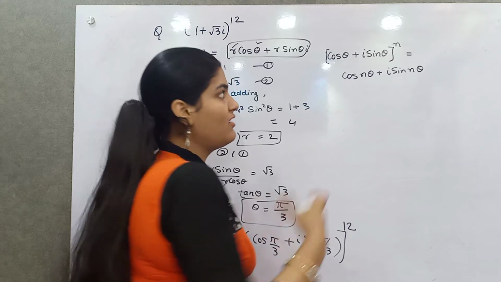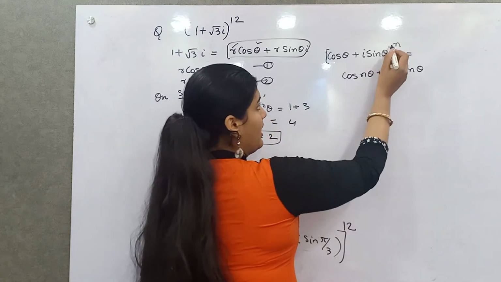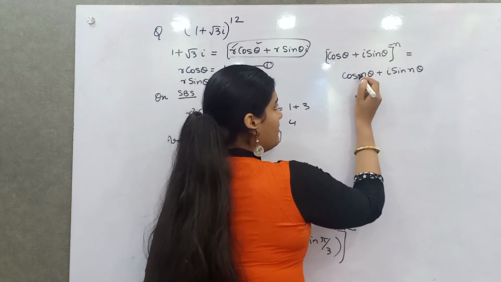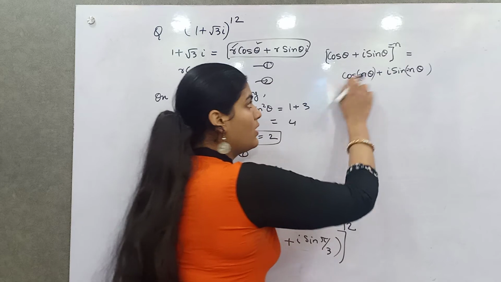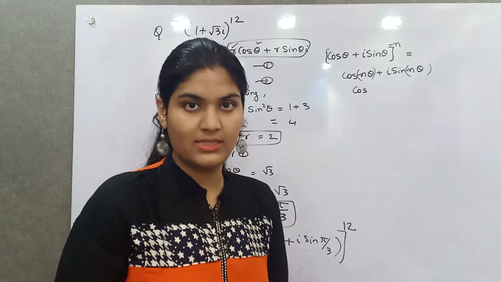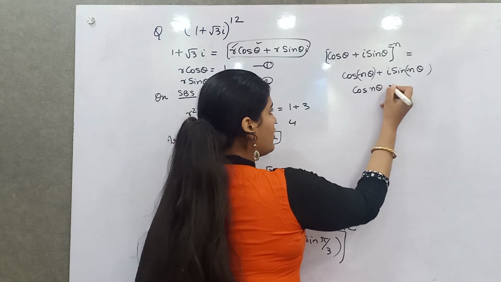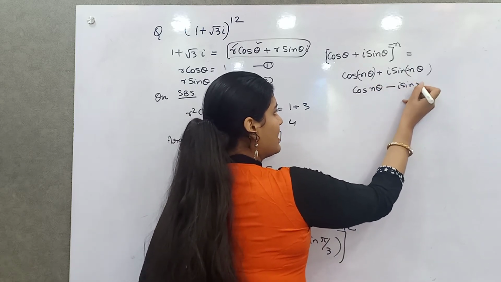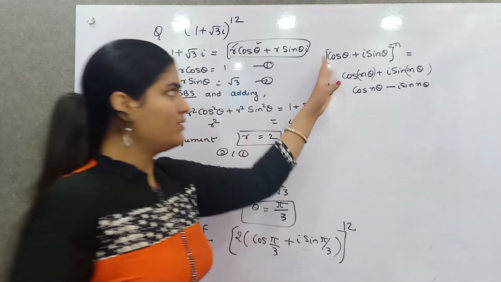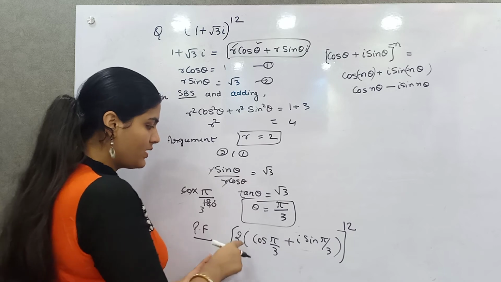If it is a fraction, then also you follow the same path. If it is negative, then you take negative here. You know cos of minus theta is cos theta only, so remove the minus sign from there, and this will be cos n theta minus iota sin n theta. This is the formula for de Moivre's theorem, which we are going to use here.